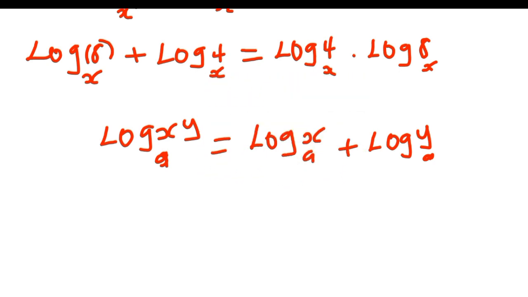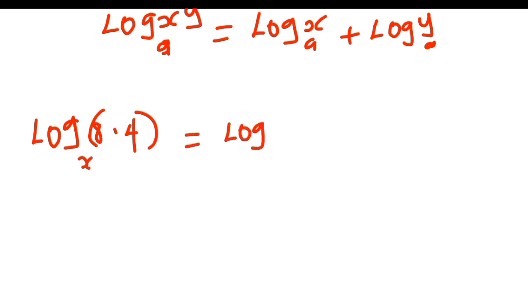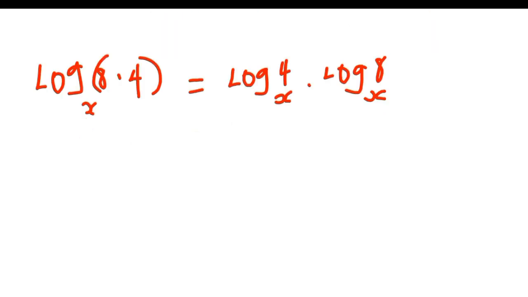Now we're going to try applying this rule on this right hand side of the equation. So when we do that, we have log 8 multiplied by 4 base x is equal to log 4 base x multiplied by log 8 base x.